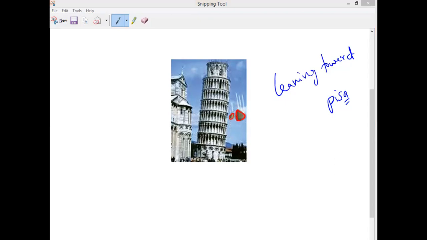Now I have taken this Leaning Tower of Pisa, the tower where Mr. Galileo did experiments with freely falling objects. When two stones of different masses were dropped from the top of the Leaning Tower of Pisa, they hit the ground at the same time.